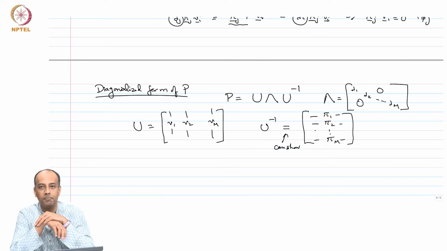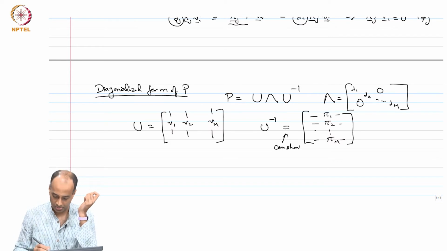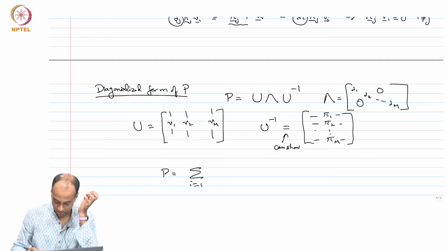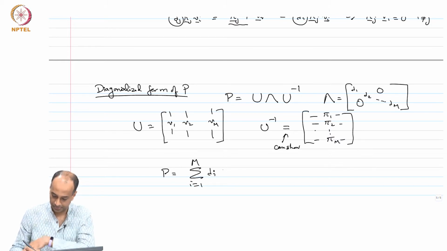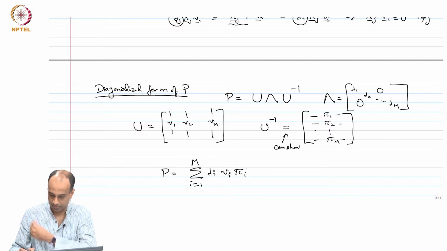So, this kind of a diagonalized representation is possible. Okay. If you write out this matrix P, another way of writing P equal to U lambda U inverse is simply to write the sum over I equals 1 to m of lambda I nu I pi I. Okay.